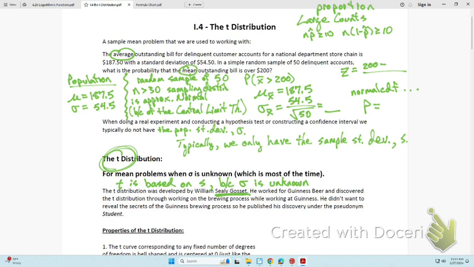He was very proud of his work. He discovered this T distribution. There are actually infinite T curves because it's dependent on the sample size. And he wanted to publish his work, but yet he didn't want to reveal all the secrets of Guinness beer. So he went under the pseudonym Student, and he got his work out there. So it's kind of a cool story.